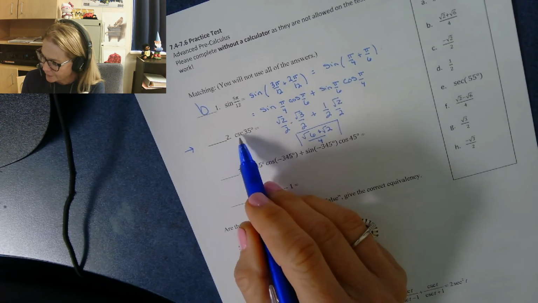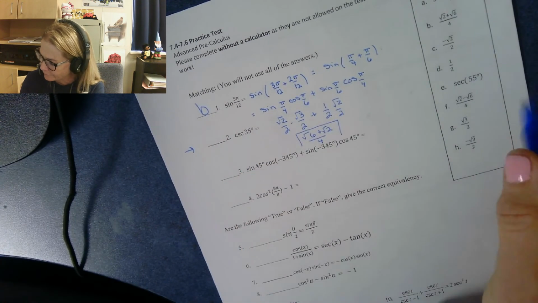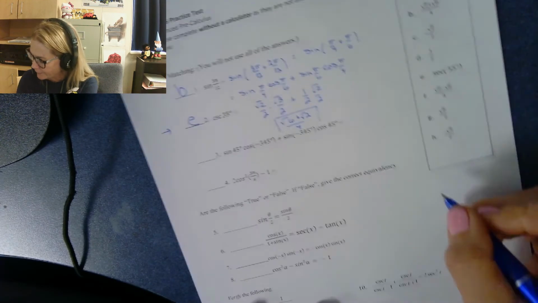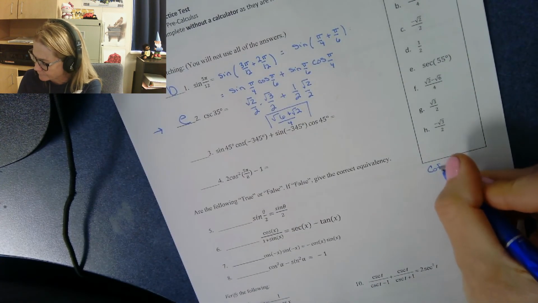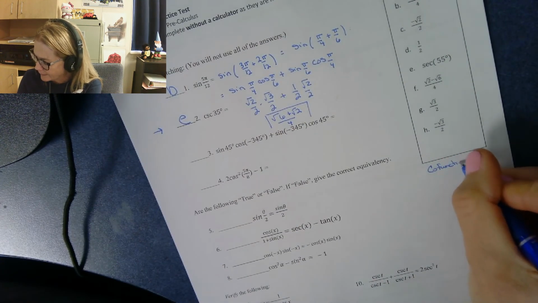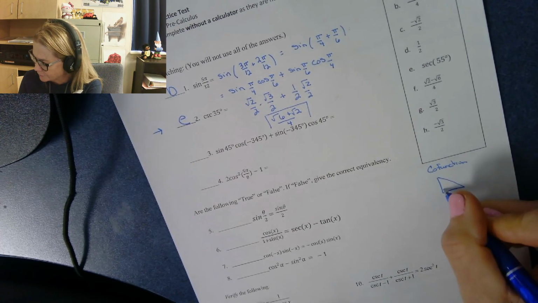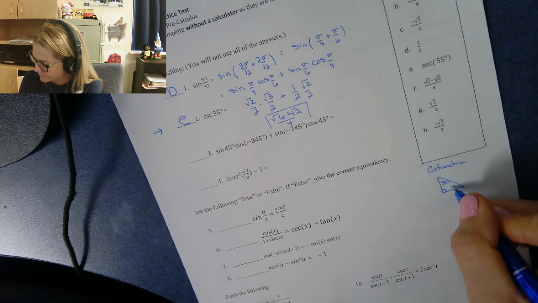So what's going on here is that the cosecant of 35 is going to be the same thing as the secant of 55. So this is going to be E. So you're like, this is a co-function. Okay, and so we've got these right triangles. Let's just do a real basic one. Let's put 30 here and 60 here.